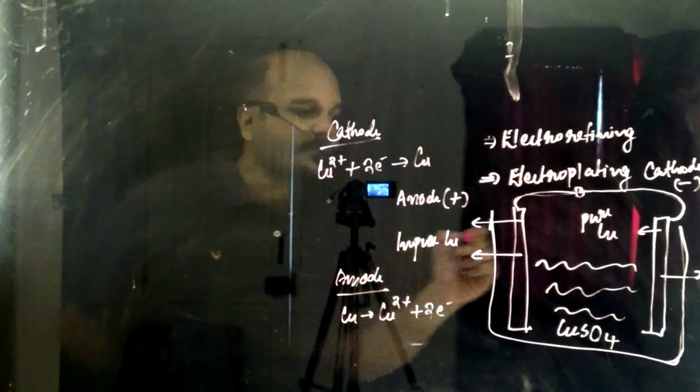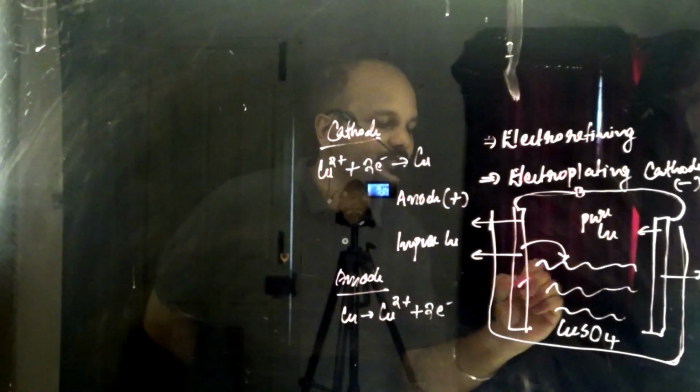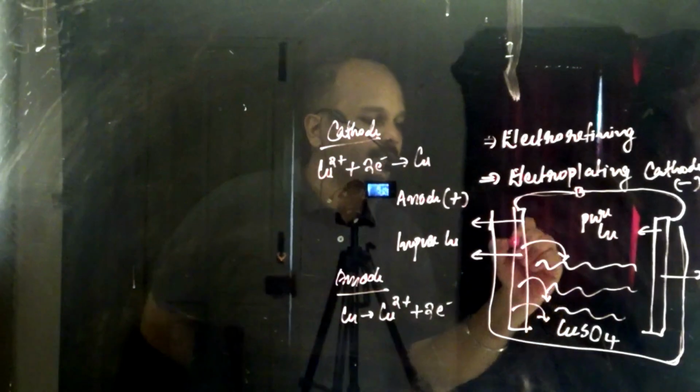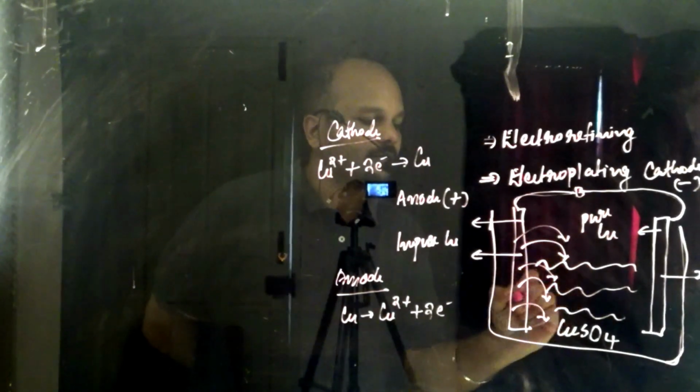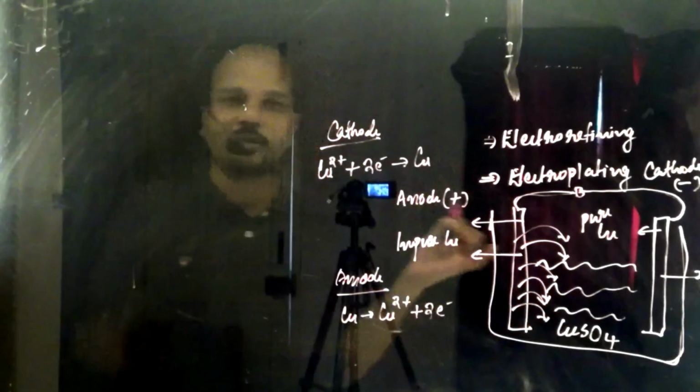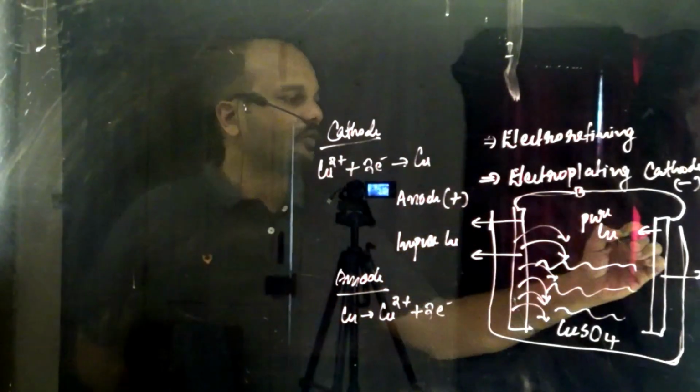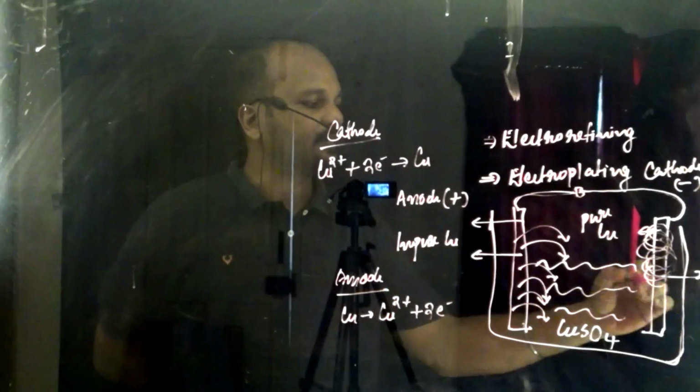As the electricity passes, the copper in the anode is going to dissolve and go into the solution, and in the cathode the copper deposition will be happening.